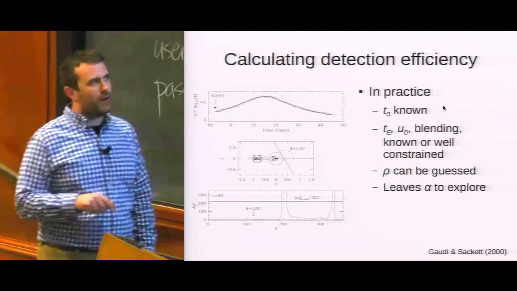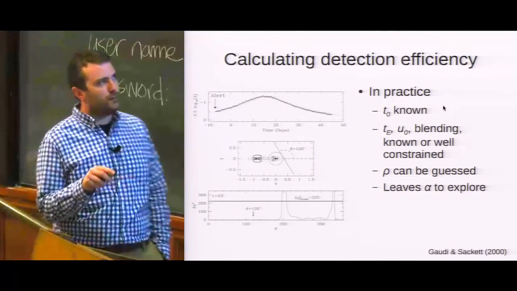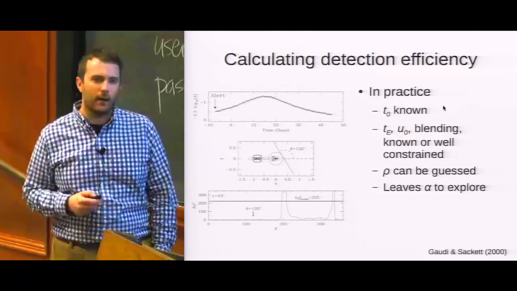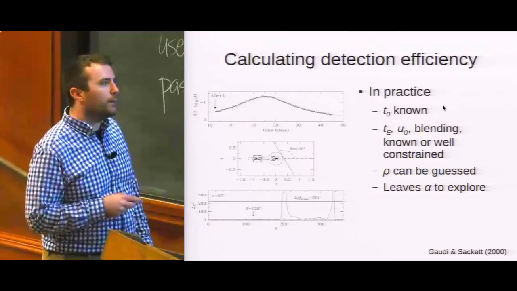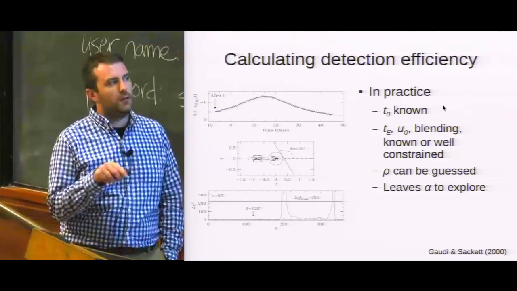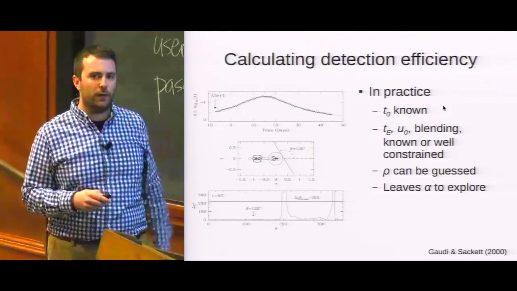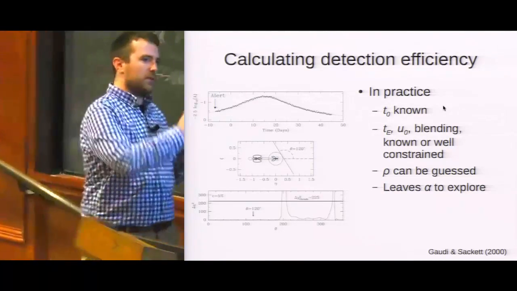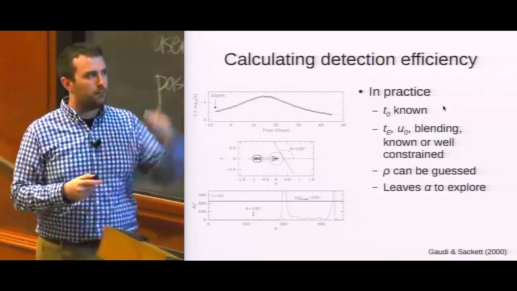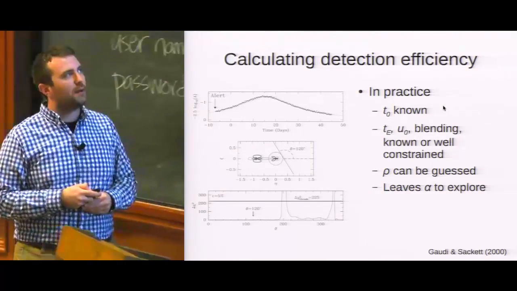Turns out it's slightly easier than that. You know most of these parameters from the underlying microlensing event, and you can get some of the others as well. But you do need to marginalize over the angle of the source trajectory, the angle that the source takes relative to the planet-star separation axis.